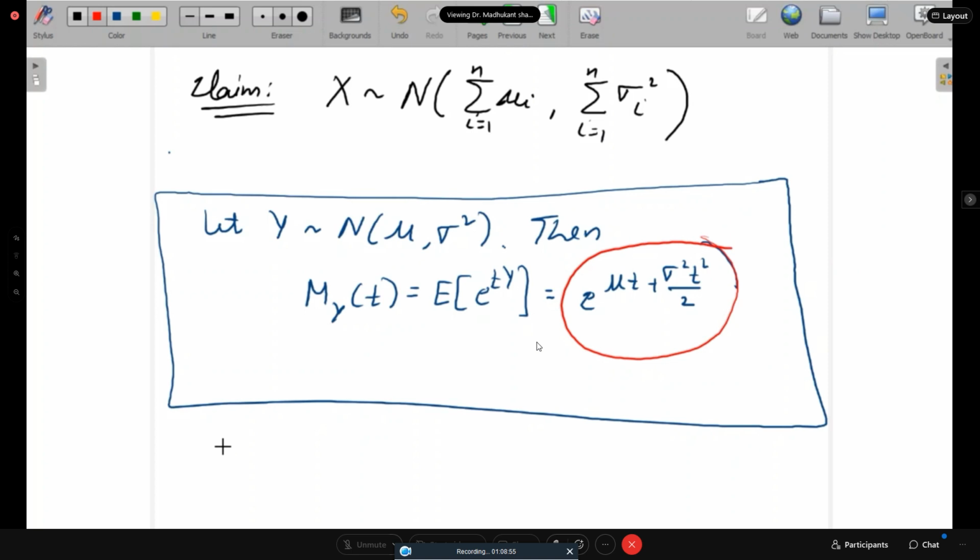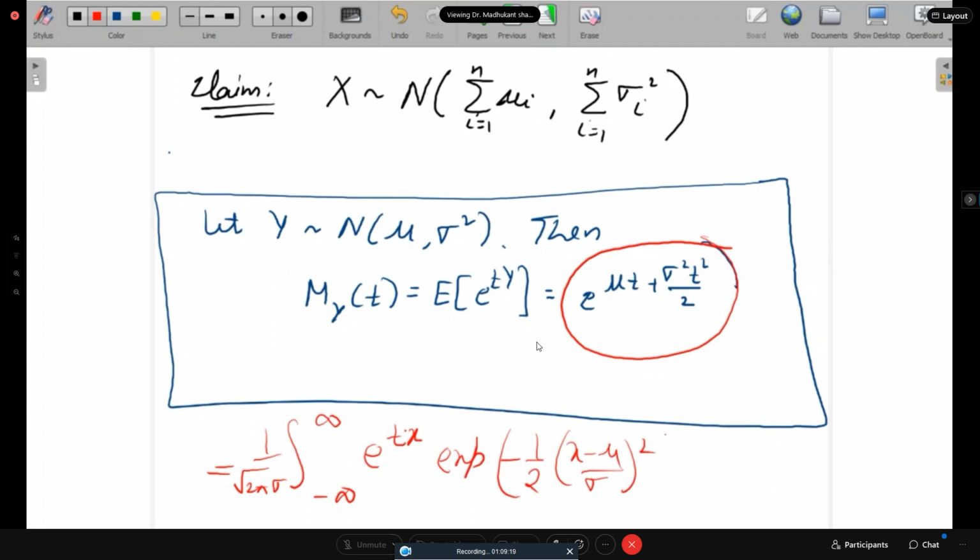So the expectation of e to the power tX I can write down here: integration from minus infinity to infinity, 1 upon square root of 2 pi sigma, e to the power tx, times exponential of minus 1 by 2 ((x minus mu) by sigma) whole square dx.